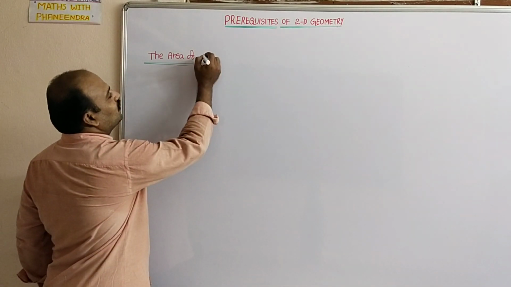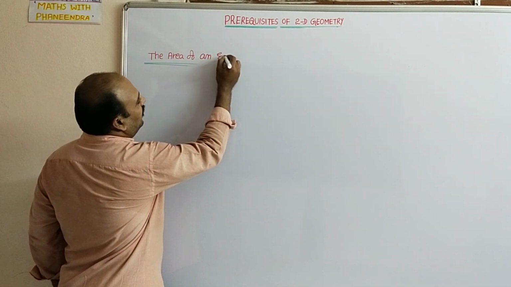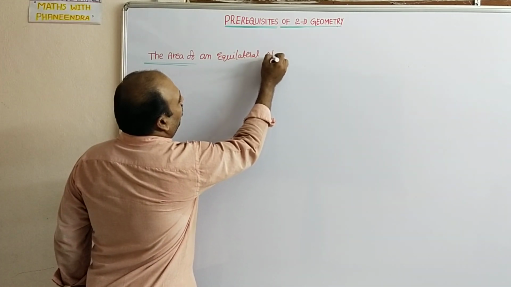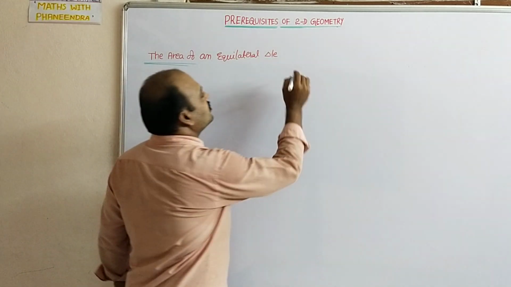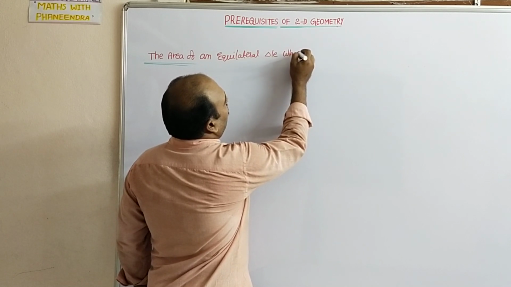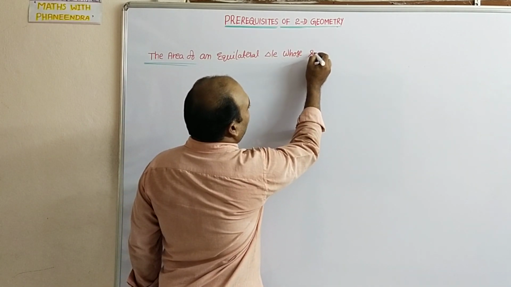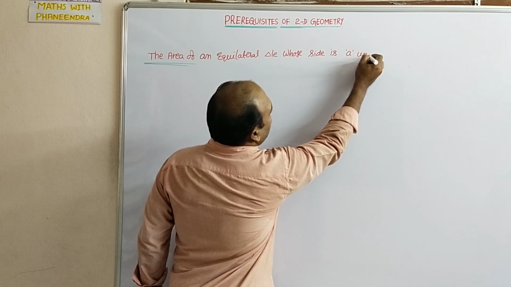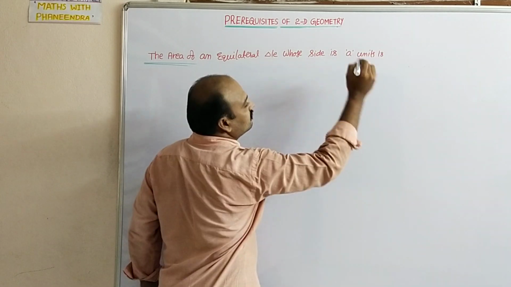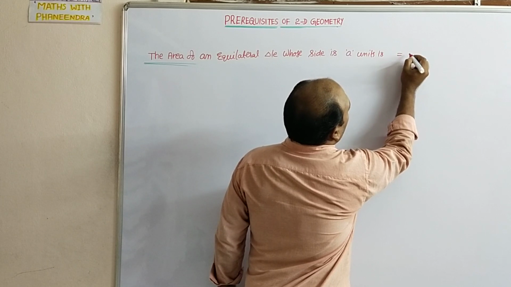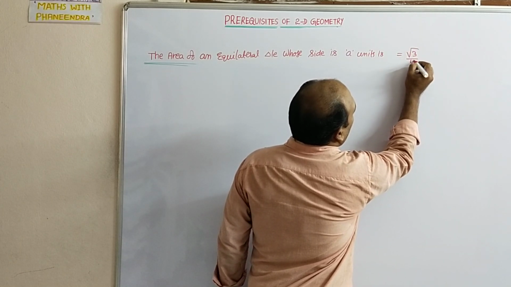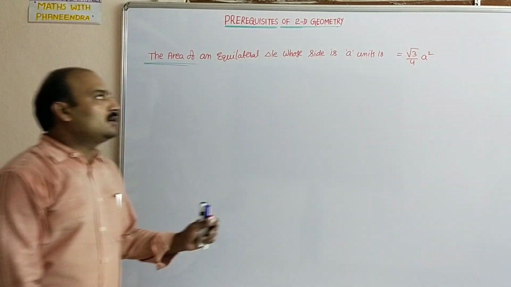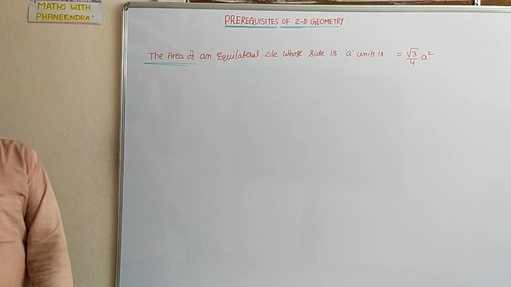The area of an equilateral triangle whose side is a units is root 3 by 4 into a square, where a is the side of the equilateral triangle.